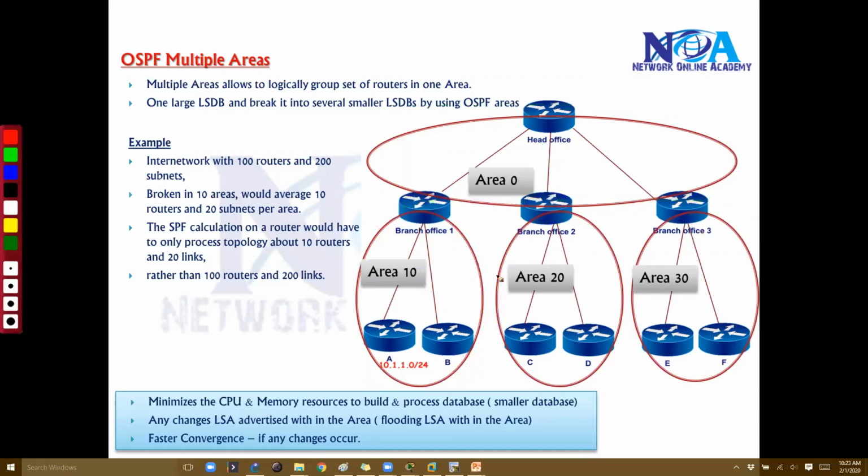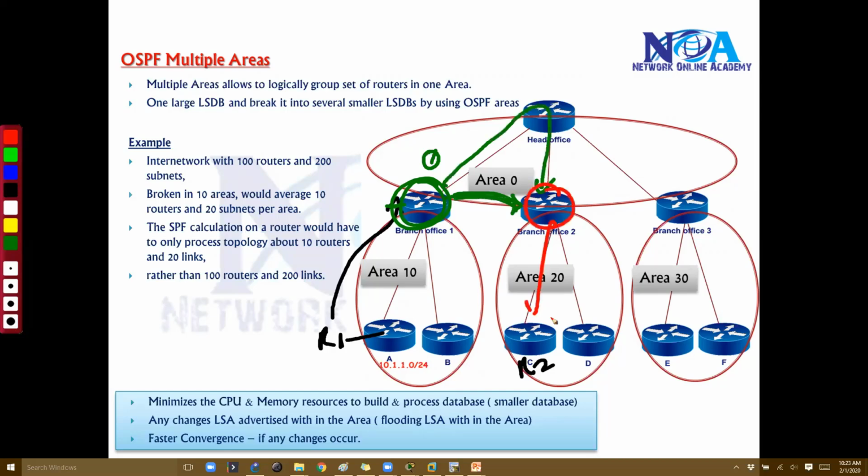Now this design works because when router 1 wants to communicate with router 2, it goes to this border router, which belongs to area 0 also. From there it will go directly here if you have a connection, or it will go from this side and communicate something like this.